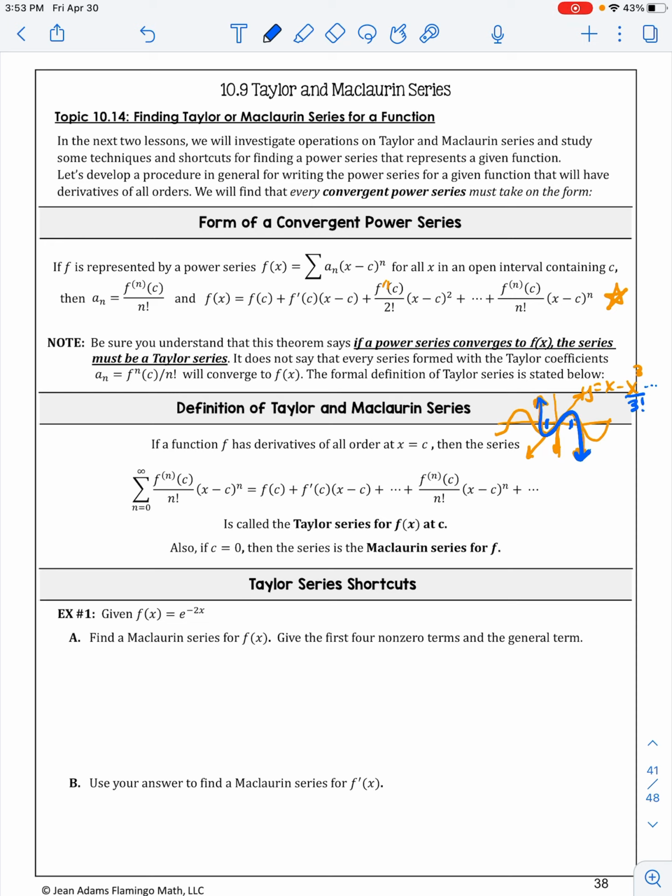So, you can have convergence to the function at a point or at a small interval, or it can be convergent. Like if you keep going to infinity with this Taylor polynomial for the sine, it turns into the sine function. It completely just is the sine function the whole way.